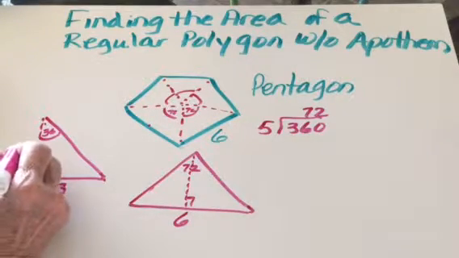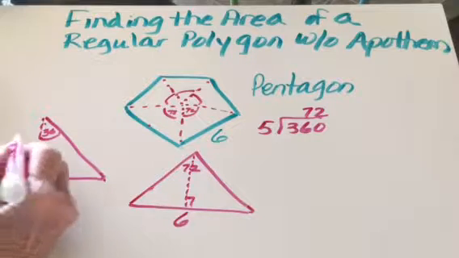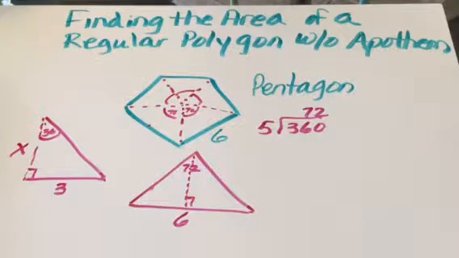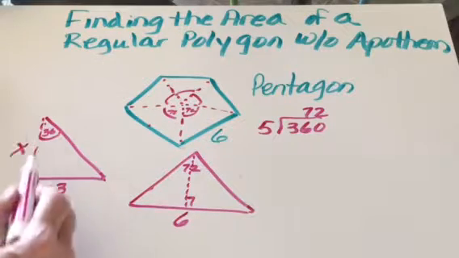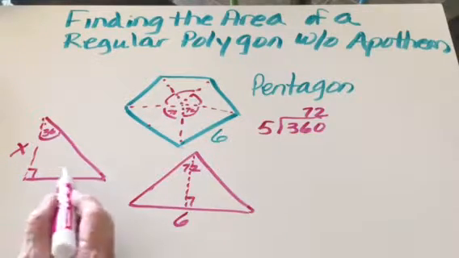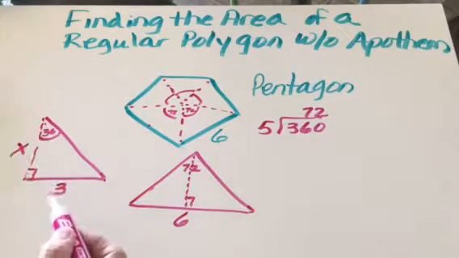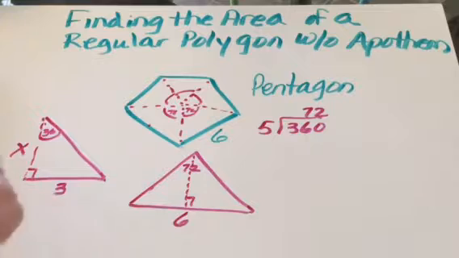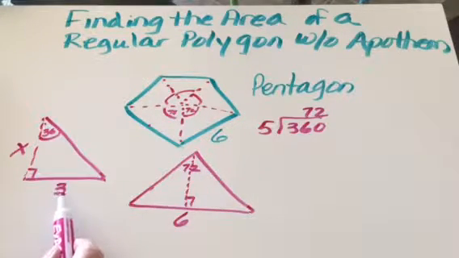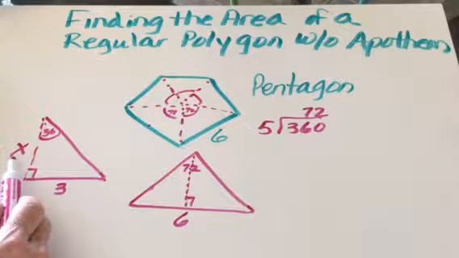All right, how do I figure out, let's call this x, because to find the area of a triangle, don't I go base times height? Well, what's the height? What happens if I say the sine of 36 or the cosine or the tangent? Well, I have an opposite and I have the adjacent.